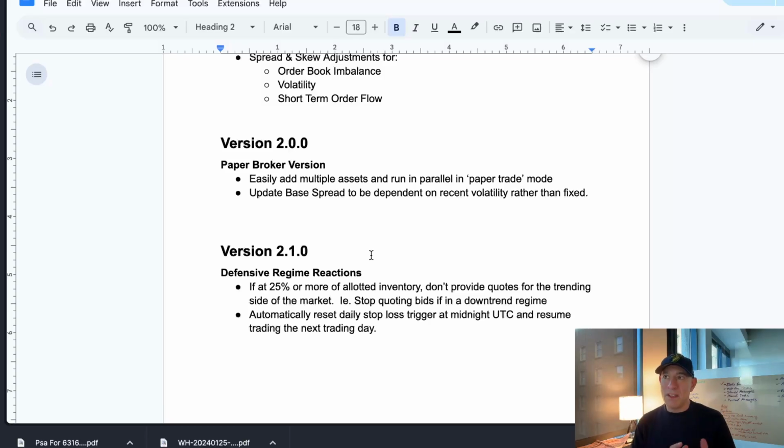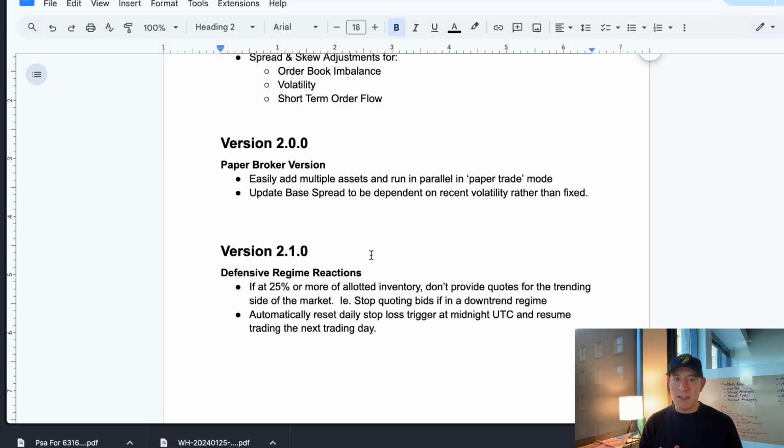Now, we still have the problem if we're 50% long, and we're in a range-bound market, and then that market goes to trending mode, we could still get rolled over here because we're still carrying a lot of inventory. We're not going to quote any more bids, but at the same time, we're still carrying a lot of inventory. So I think the next iteration is going to start paring down the inventory.